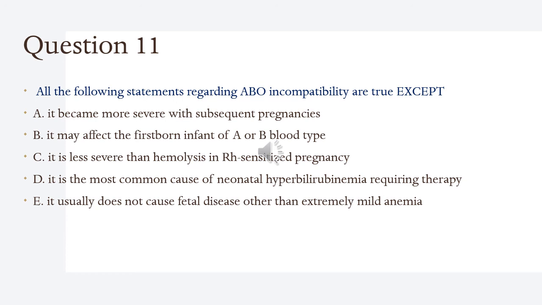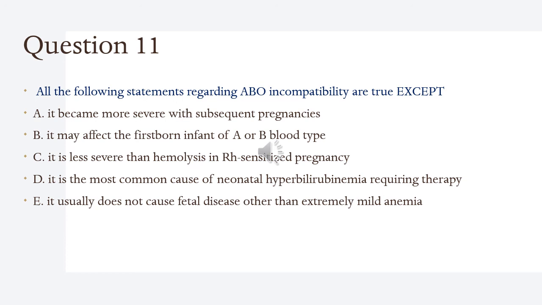As we can see here, let us start from E. It usually doesn't cause fetal disease other than extremely mild anemia. It says usually, not always, so it's right; it's only mild anemia. D, it's the most common cause of neonatal hyperbilirubinemia requiring therapy. Yes, it's the most common cause.